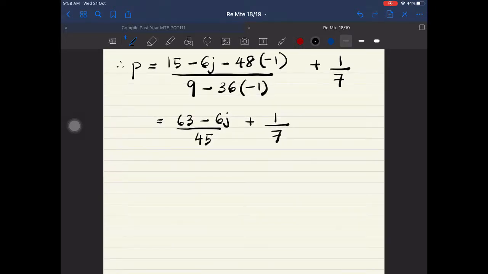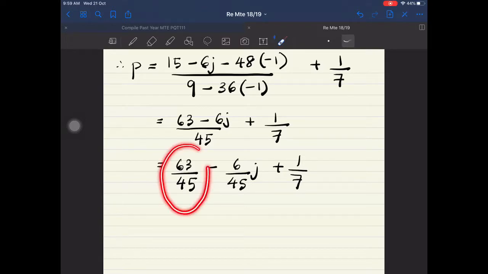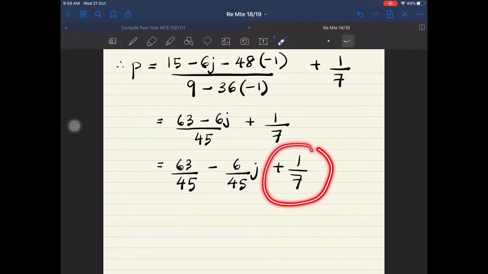So you can split this one into two functions. So you will have 63 over 45 minus 6 over 45j plus 1 over 7. So perform the operation. So real part with the real part, imaginary part with imaginary part.